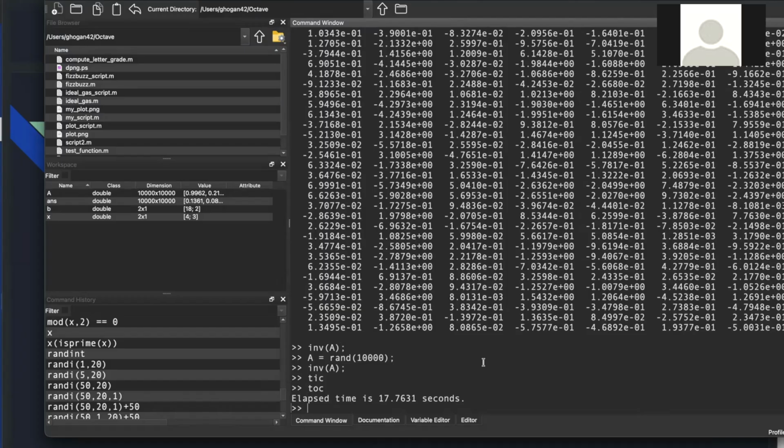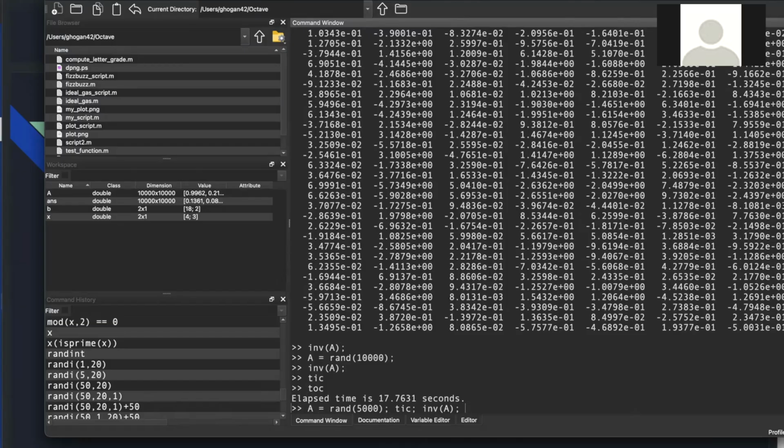So I could say A equals, let's make a random 5,000 by 5,000 matrix. I'm going to press semicolon, but I'm not going to go down to the next line. I'm going to start a clock, tick. Then I'm going to find the inverse of A, semicolon.